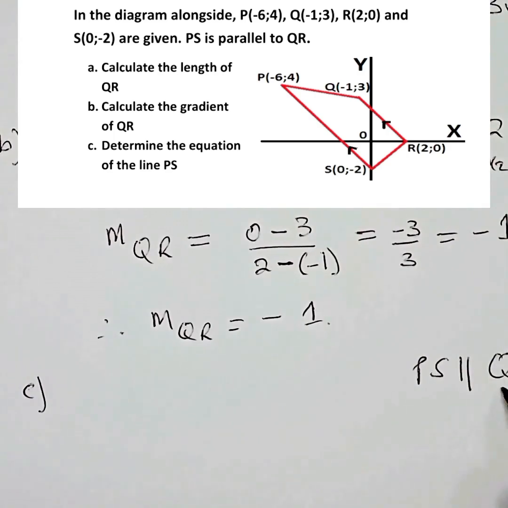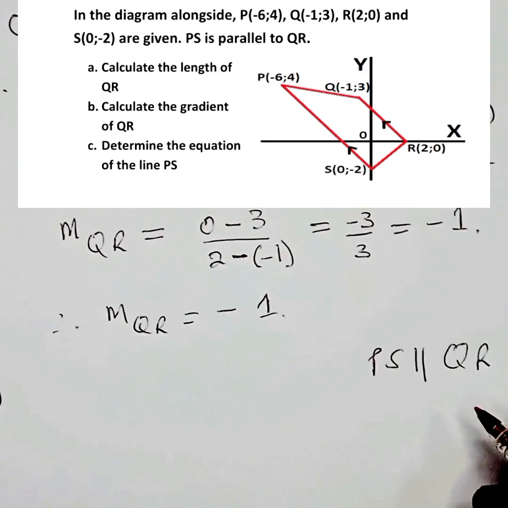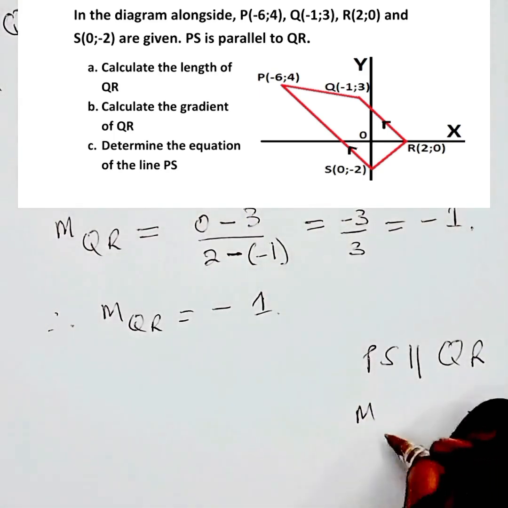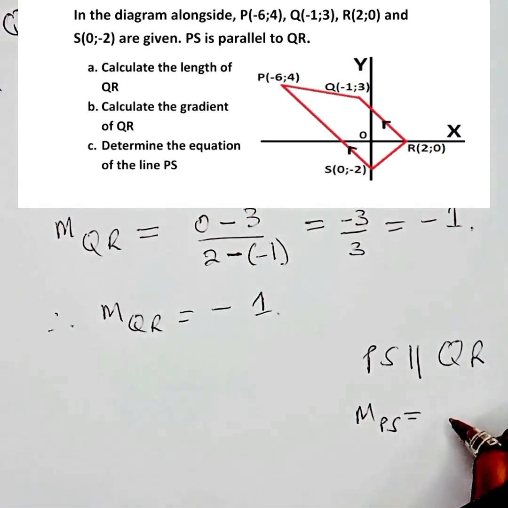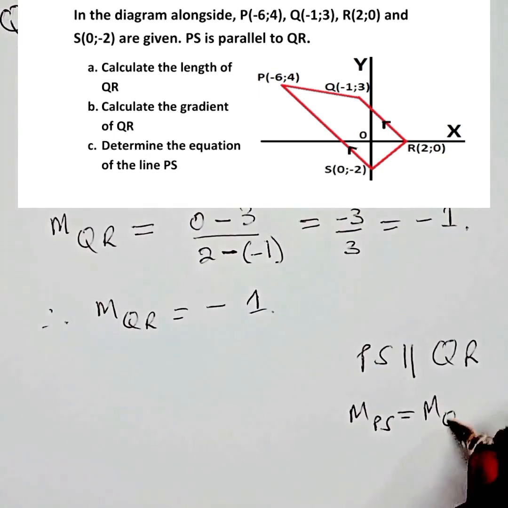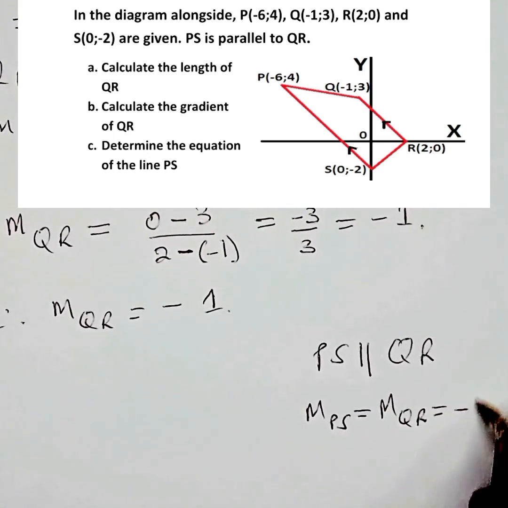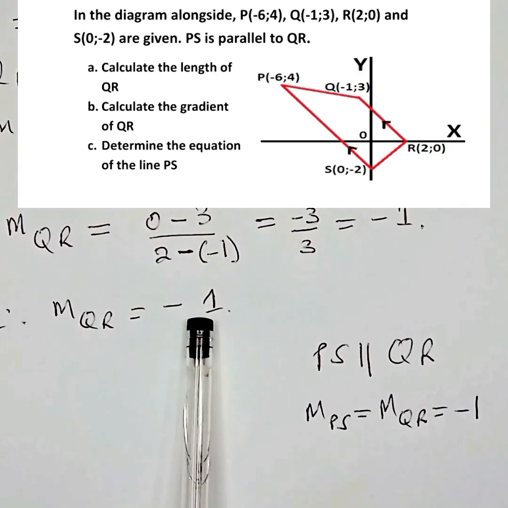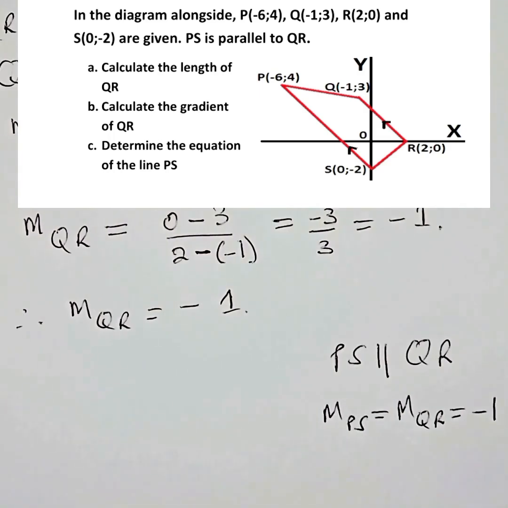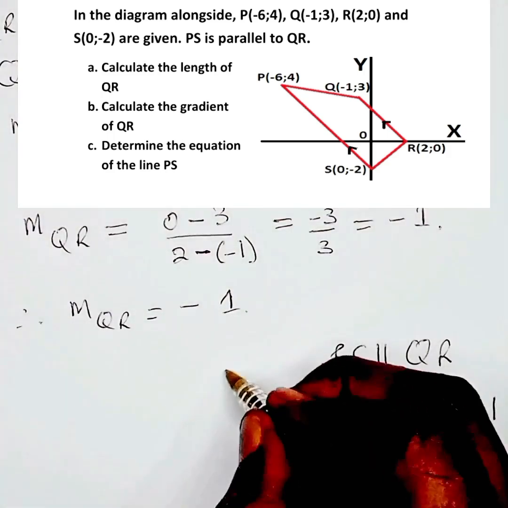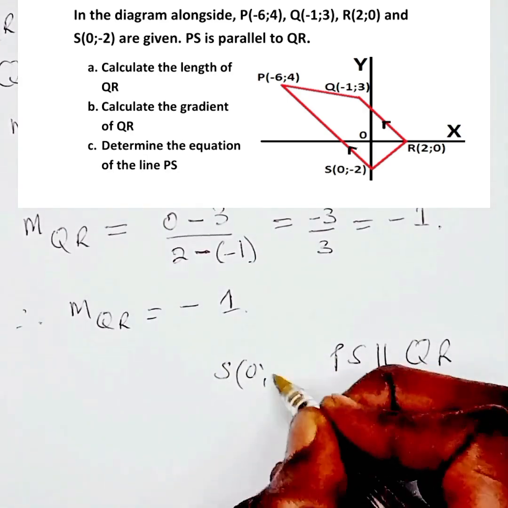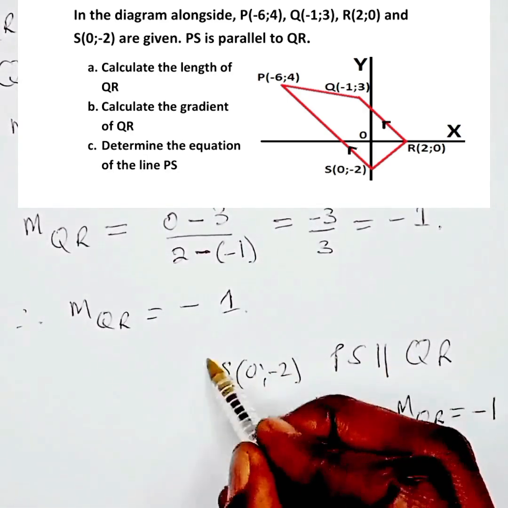When lines are parallel, the gradient of PS, MPS, is equal to MQR, and that is equal to minus 1 from that part. We also know there's a point on the line, S(0, -2), and we're going to use that point.